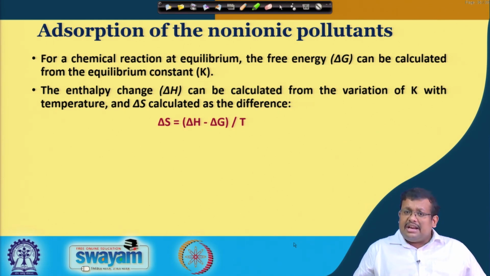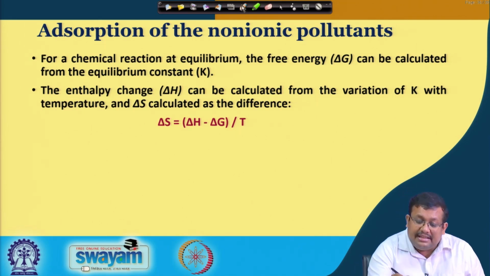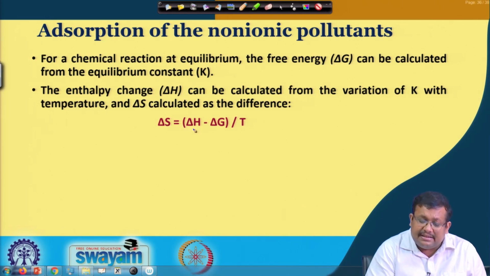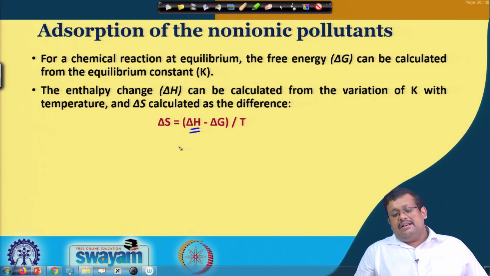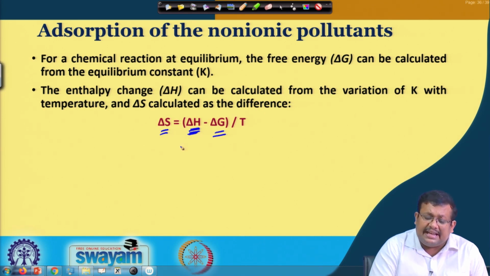The enthalpy change, denoted by delta H, can be calculated from the variation of K with temperature, and delta S can be calculated as the difference. Basically, delta S is equal to delta H, the enthalpy change, minus delta G, the change in free energy, divided by the temperature. So, delta S can be calculated using this formula.